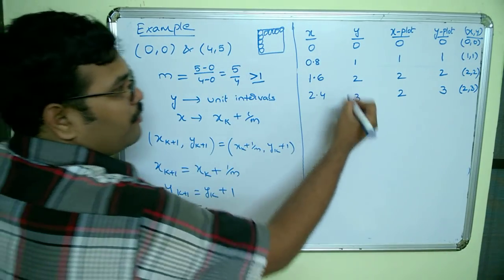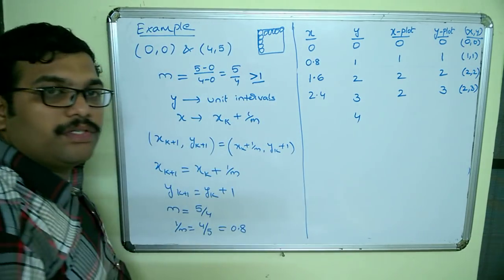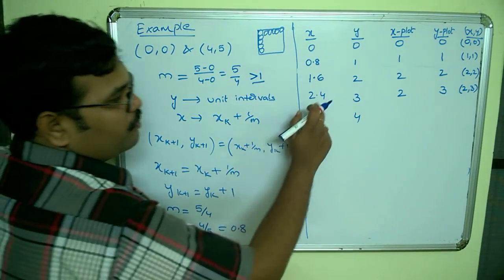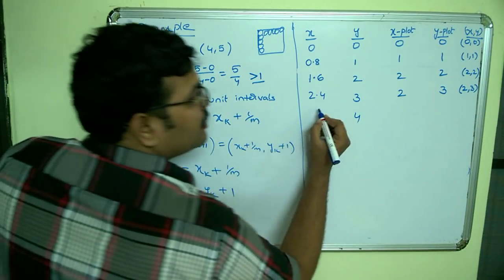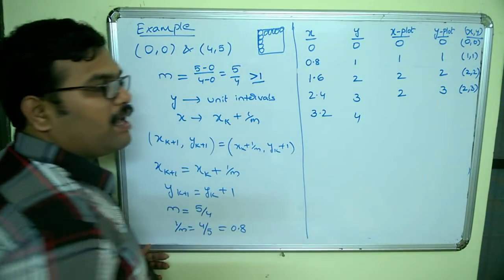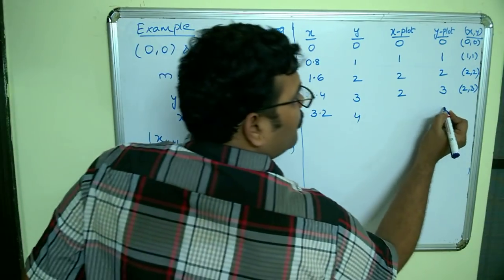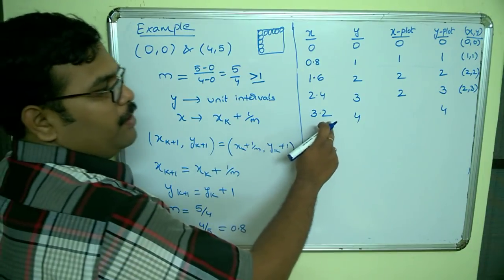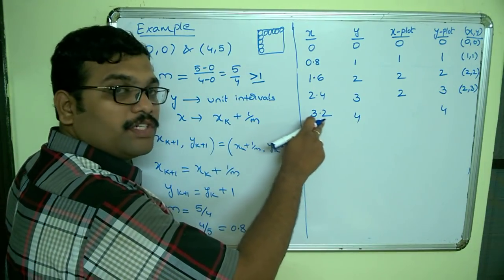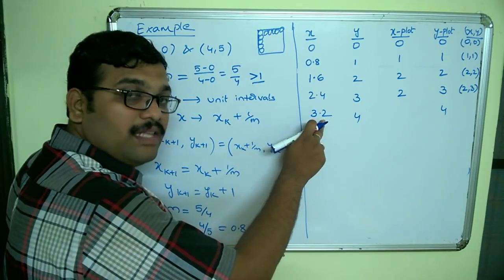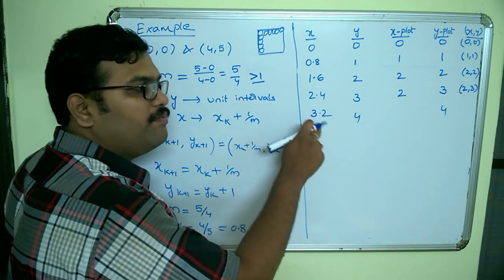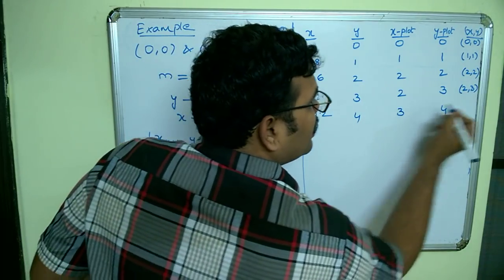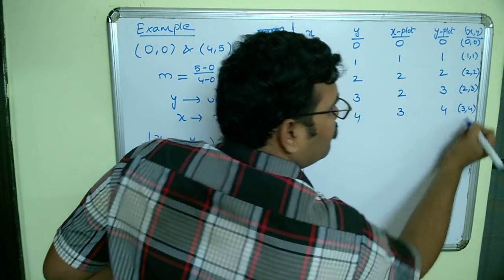Again, y moves in unit intervals, x adds 1 by m, 2.4 plus 0.8, it becomes 3.2. y will be plotted as 4, and for 3.2, the decimal is less than 0.5, so we apply the flooring function, that means 3. So the next point will be 3, 4.